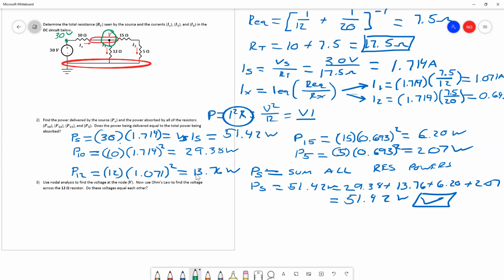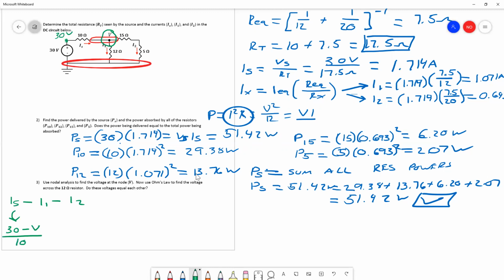So we'll start with drawing our equation. We will use IS. So we'll do currents going in minus the currents going out. So IS minus I1 minus I2. And we will not use the numerical values because we're trying to solve purely with nodal analysis. So IS becomes 30 minus V over 10.